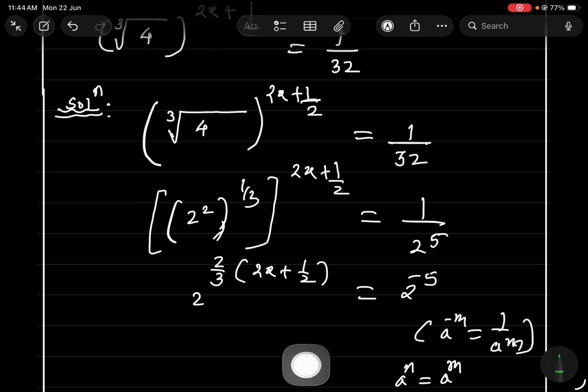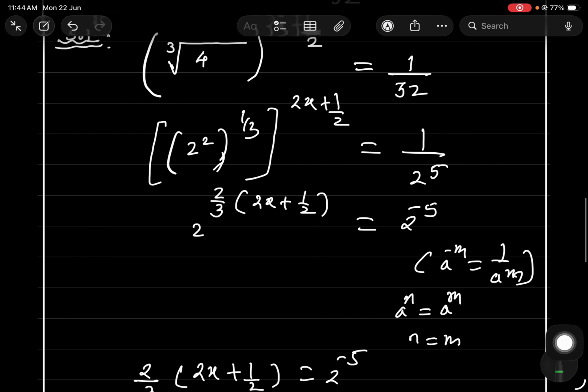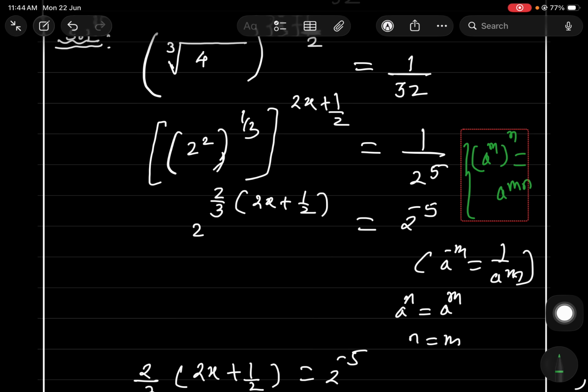Then see multiplication, this law we use: a raised to m raised to n equal to a raised to mn. So here 2 raised to 2 means 2 into 1 upon 3, which is 2 upon 3, and into again this.